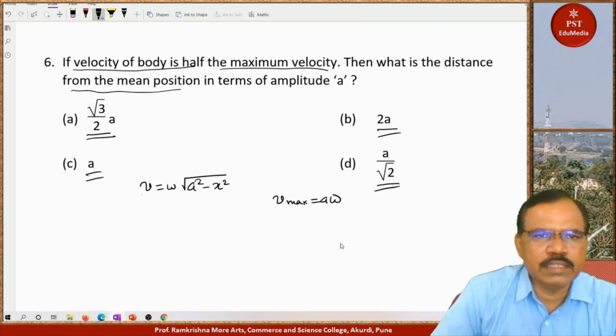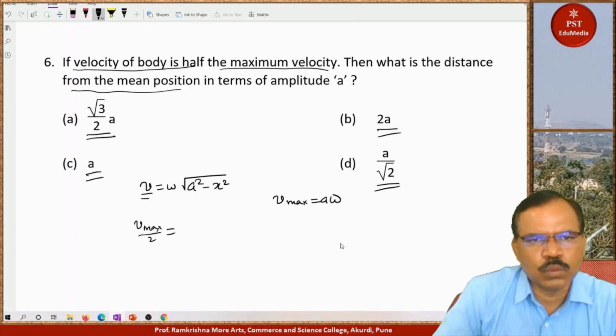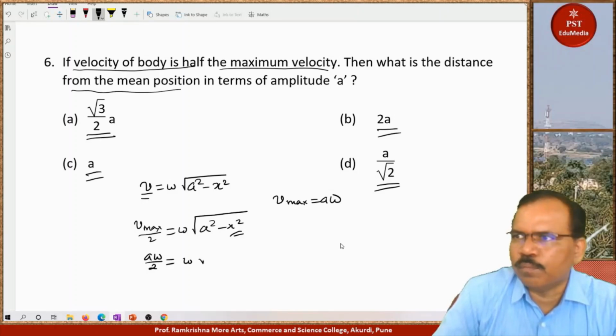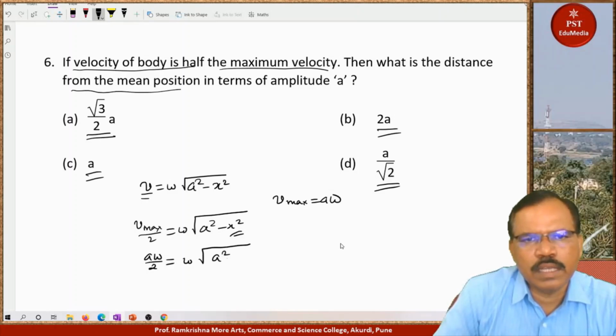So we will take this V as V max by 2, omega under root a square minus x square, for a certain value of x. So a omega by 2 is equal to omega under root a square minus x square. So a by 2 is equal to root of a square minus x square.